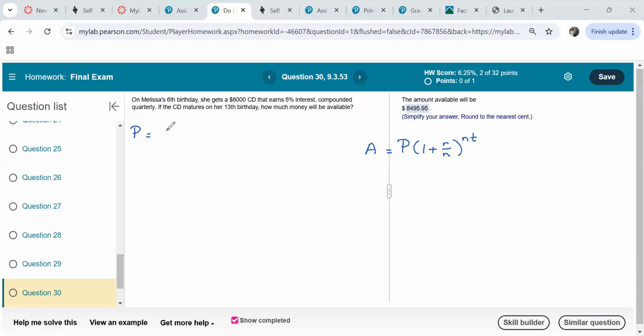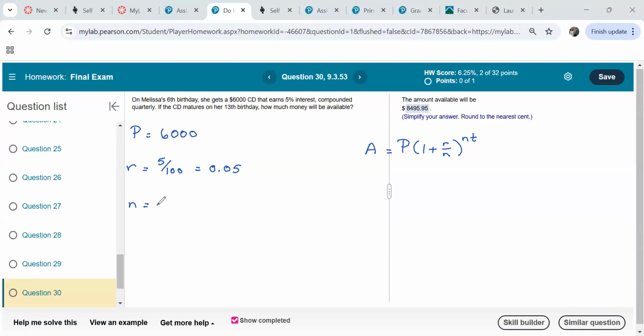So P is always the initial amount of money we started with. So her CD starts out at $6,000. r is our interest rate, but as a decimal. So because we have the percent, we just divide by 100. 5 divided by 100 is 0.05. That's my rate.